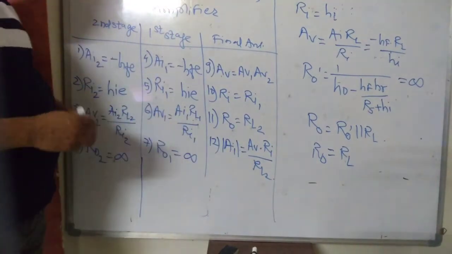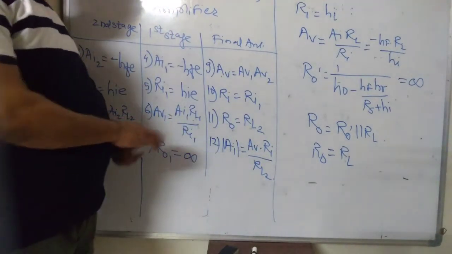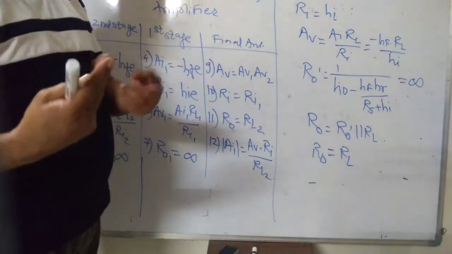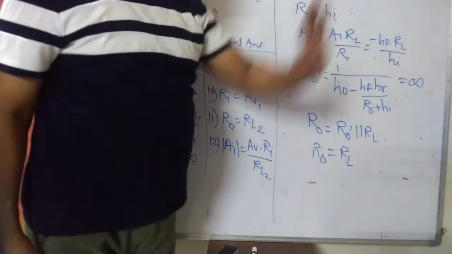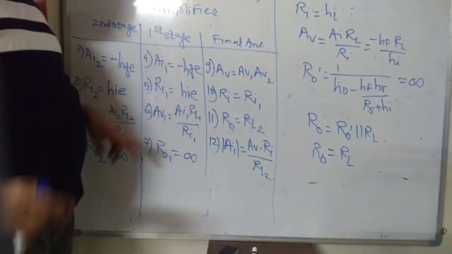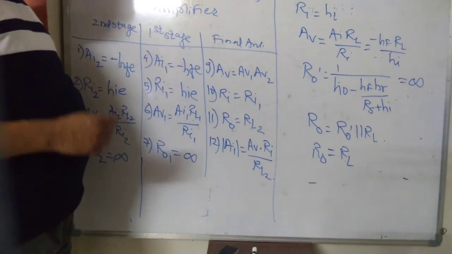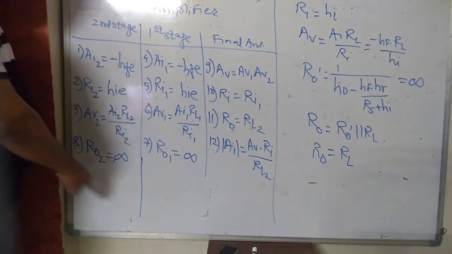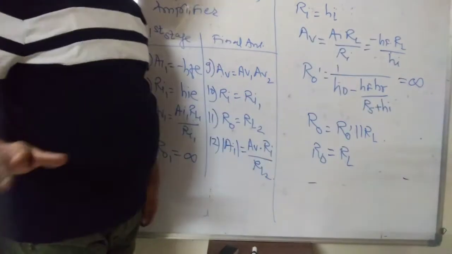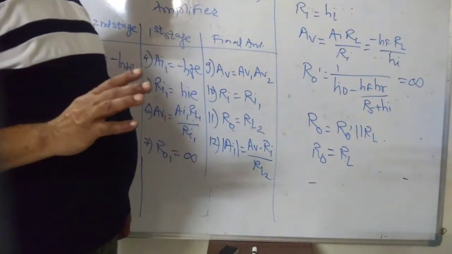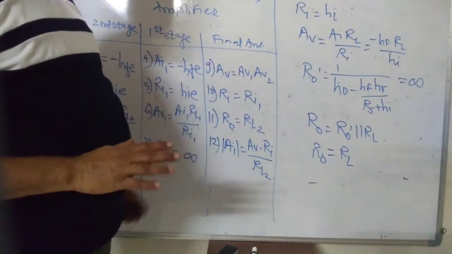So the figure will be given to you, with all values of H parameters, that means HI and HF, only two values. Since it is approximate analysis, HR, HO will be 0. So HI, HF are given. Apply formulas number 1 to 12 and solve. Very simple numerical, right?